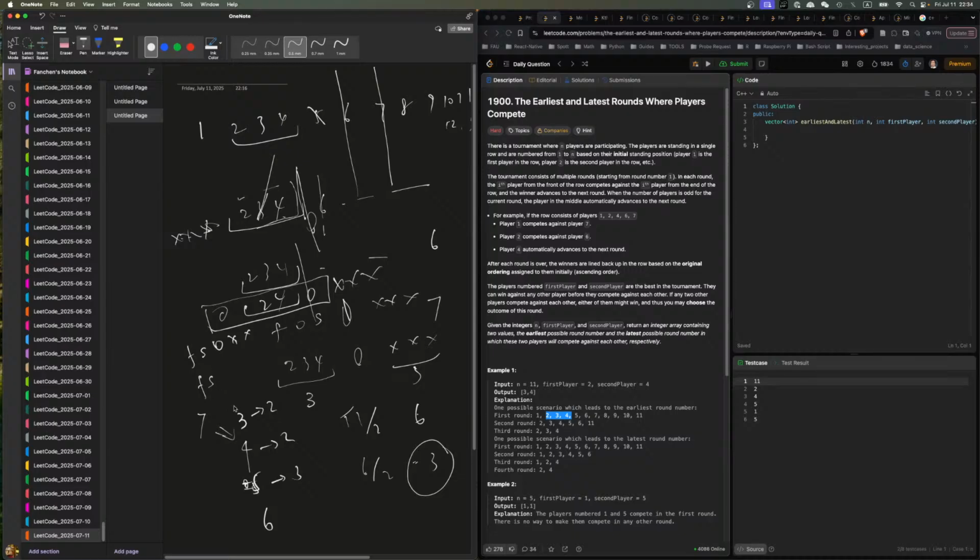if we have F and S and then we have 6, which means it's like this. Then there's no way. You have to go to 3. Yeah, there's no way you can make it better.